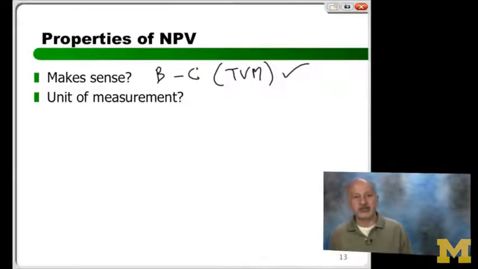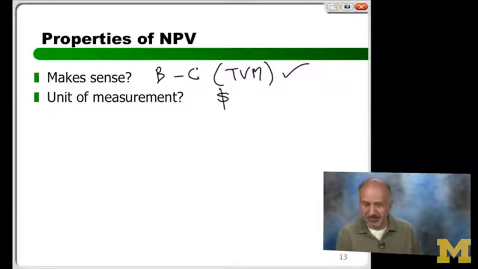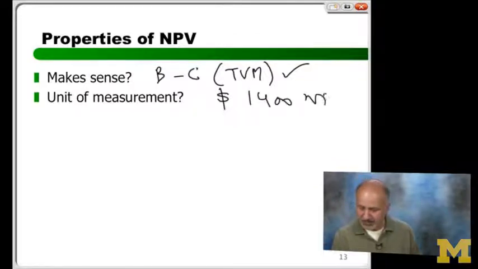Makes sense. What is the unit of measurement? It is our unit of measuring value, dollar. Now you may use cows to value things, or smiles, or whatever. The point here is not the dollar again. It's you recognize it. You're able to say, yep, so I made $1,400 NPV.